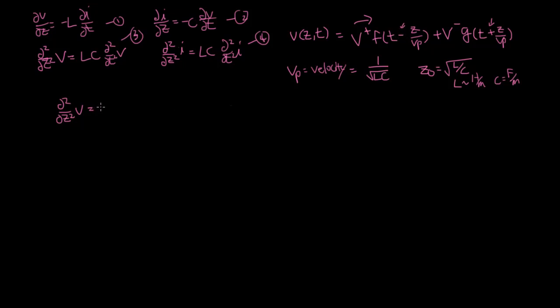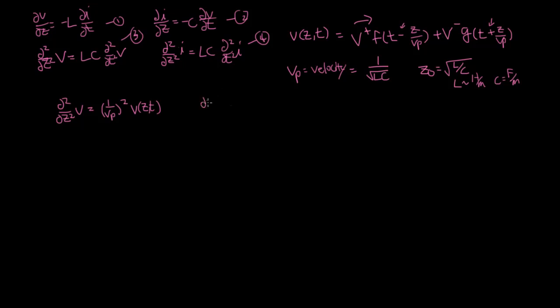So what you end up with is 1 over vp squared of the same thing. You factor the whole thing out, so you get 1 over vp squared times v of z,t. Now look at the derivative with respect to t: the coefficient with respect to t is 1.